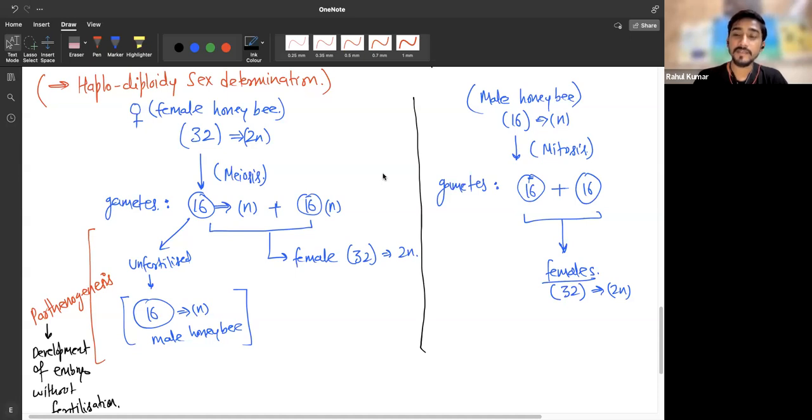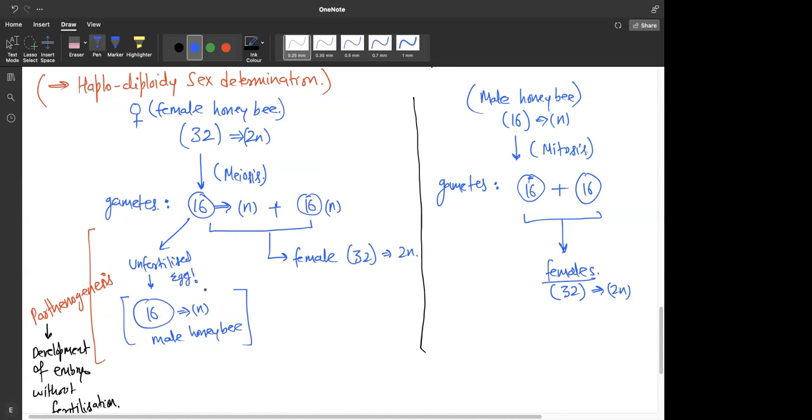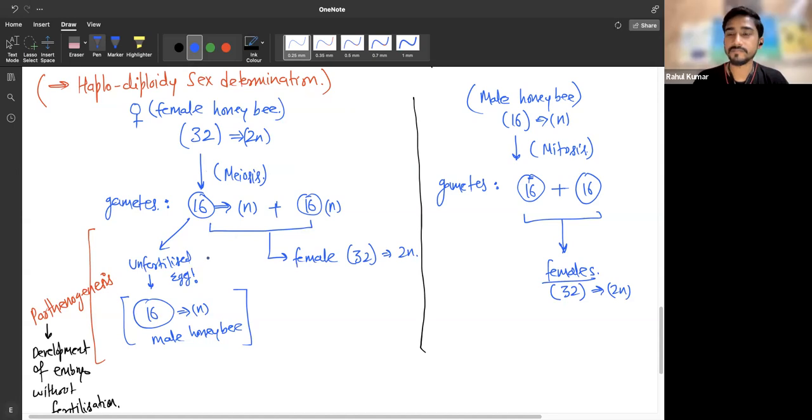Any male bee did not have a father. It only came from an unfertilized egg cell from the mother, right? Is it clear, everyone? Yes, sir. So male bees do not have a father. They never have a biological father. So they just have mothers.